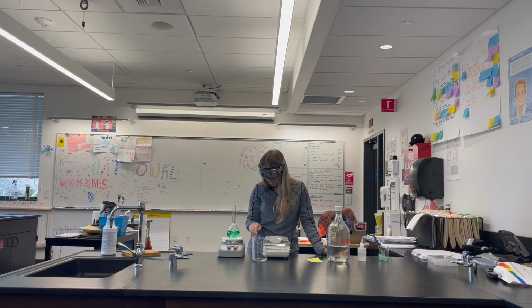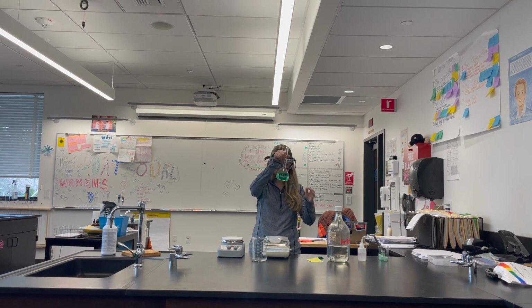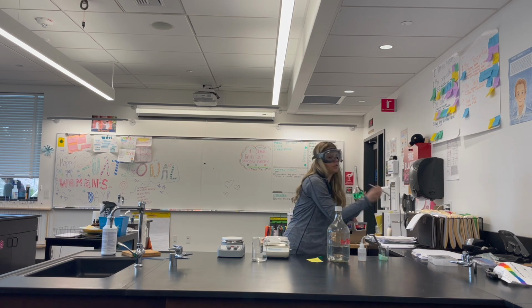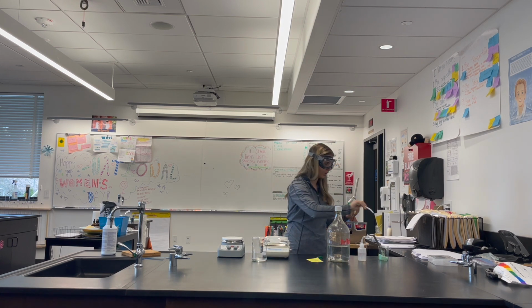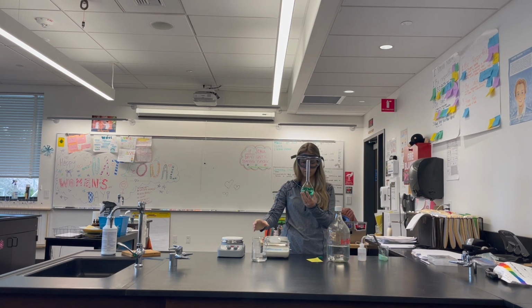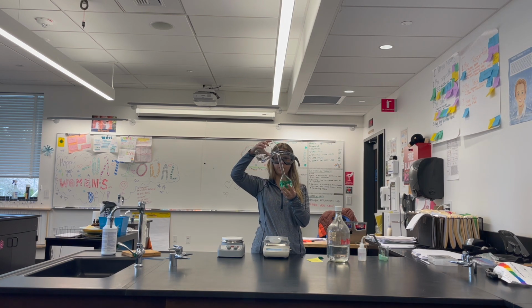Okay, looks pretty good. So we're gonna turn this stir rod off, and how we take this out is also with a magnet. Now we have to pull our stir rod out because that takes up volume in there, right? So now we want to fill this up to the line with water.